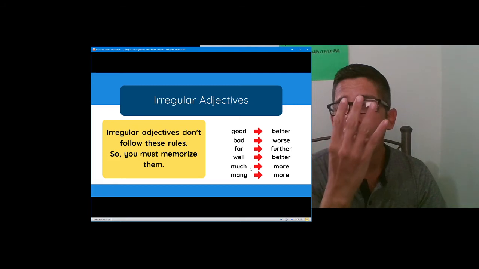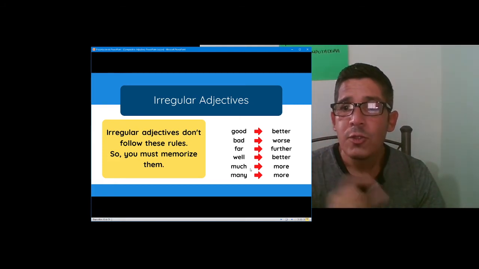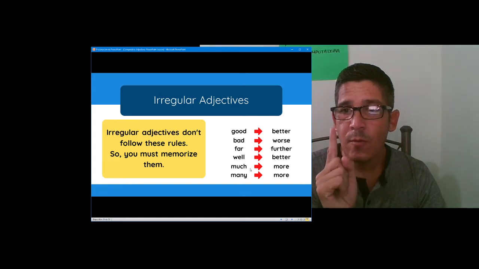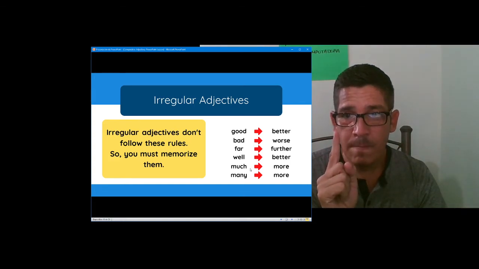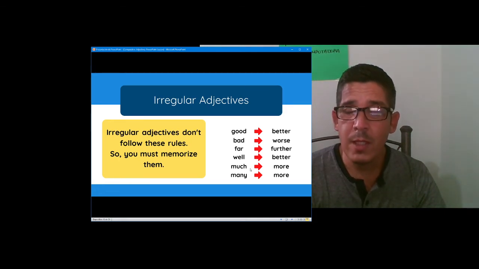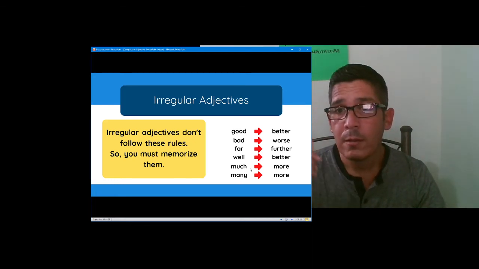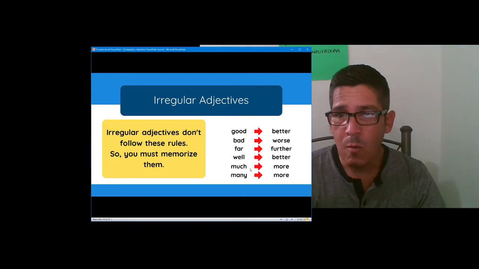Just to remember, remember that we have 4 rules over there. Rule number 1, short syllables, like one syllable, you are going to add ER to the adjective to make it comparative. For example, tall, taller. For example, Daniel is taller than Juan.